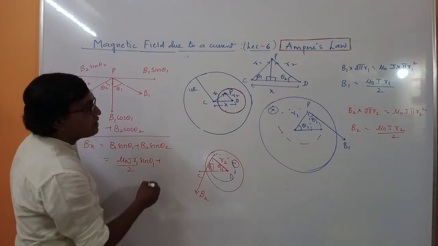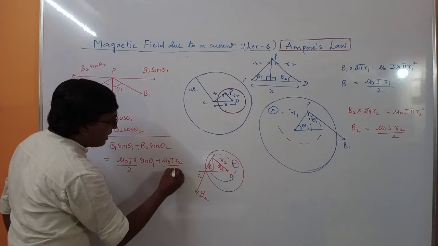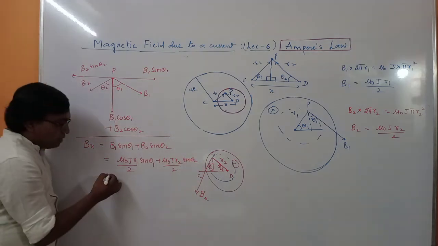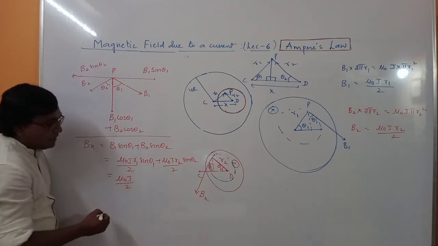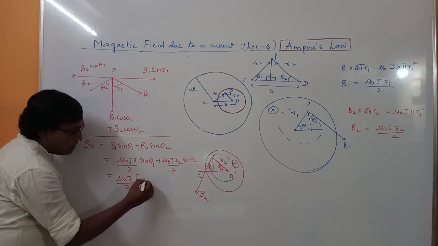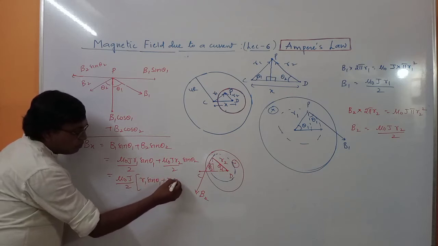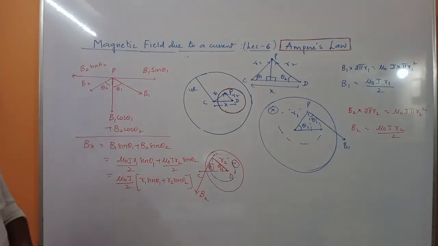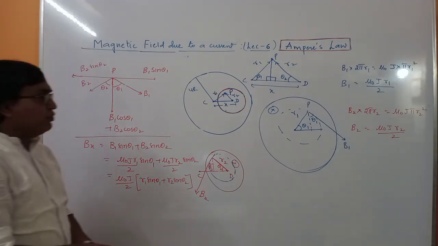B2 is mu naught J R2 by 2 sine theta 2. So take common mu naught J by 2, and we have R1 sine theta 1 plus R2 sine theta 2. Now we'll see the value of this R1 sine theta 1 plus R2 sine theta 2.